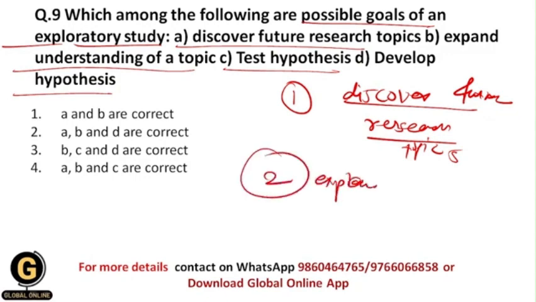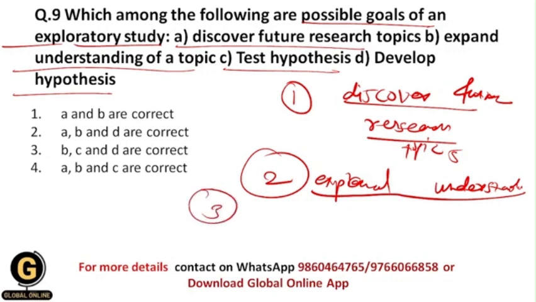Yes, we can also expand the understanding of a topic in the exploratory research study, because we don't have that much information about the topic, and that's why we can expand the understanding of a topic by collecting data, so that we can do the next research procedures based upon the exploratory study.